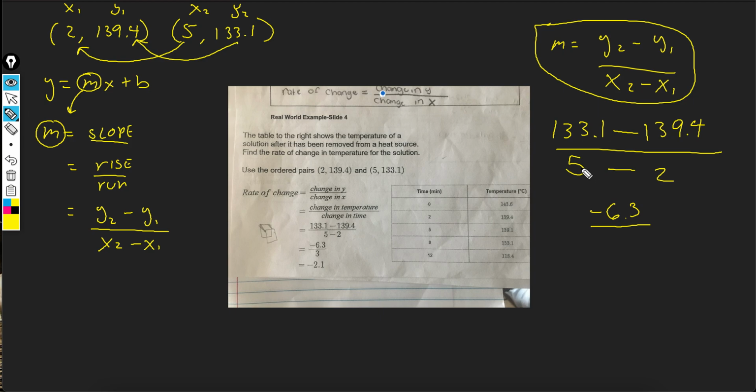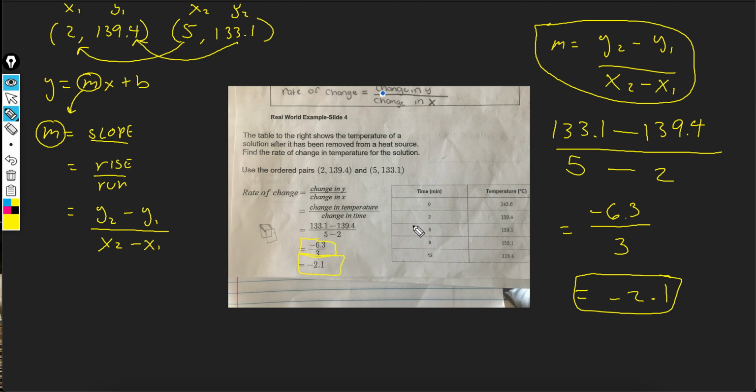Put a line. 5 minus 2, that equals 3. Let's reduce that. The answer would be negative 2.1. If you can see right here, 2.1, negative 6.3 over 3. So we know we've done everything correctly. So I just wanted to explain to you guys how this worked.